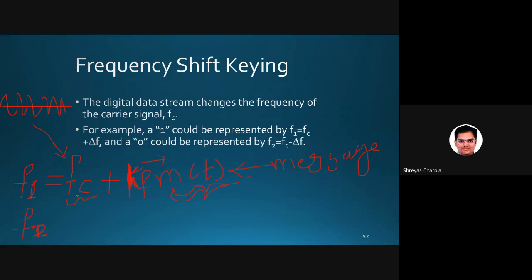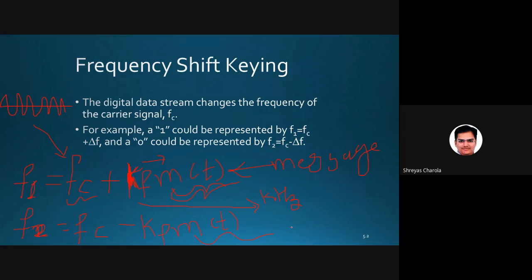If you want to increase the frequency of a carrier, I'm going to change my Kf, in terms of kilohertz. So you are adding something to the carrier frequency, and it will increase the frequency. Where F2 is nothing but the carrier frequency minus Kf into m of t.